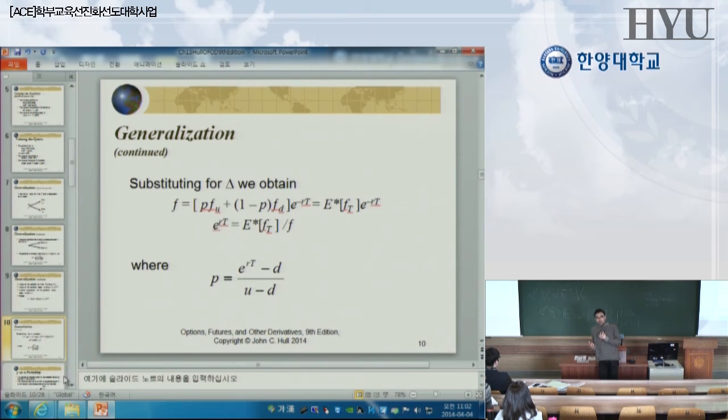Thus, since we perfectly hedge out the risk in this calculation, risk doesn't matter, which means that we don't have to think of risk, which means that we can assume that we are living in the risk-neutral world, and there we can do the calculation.